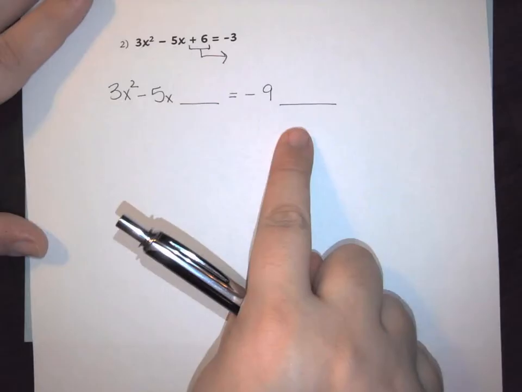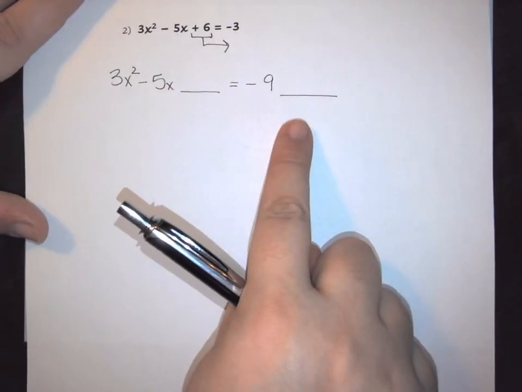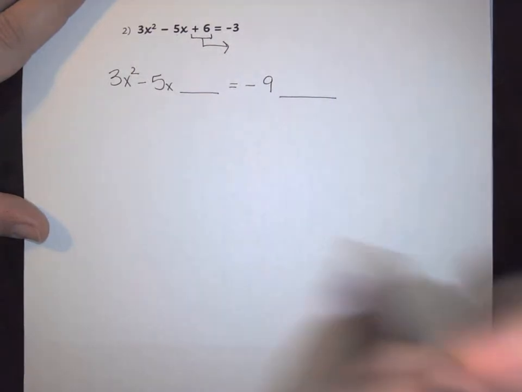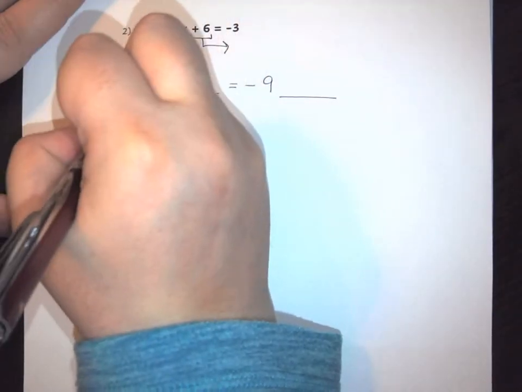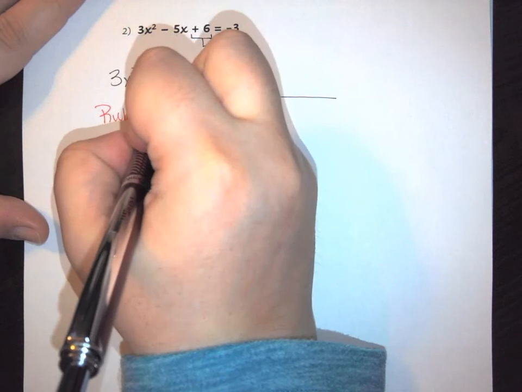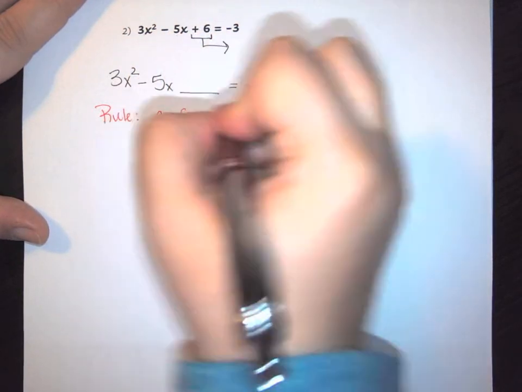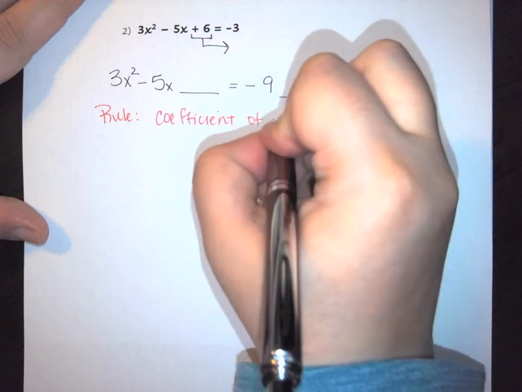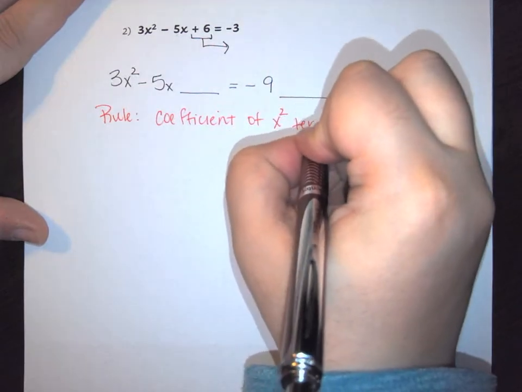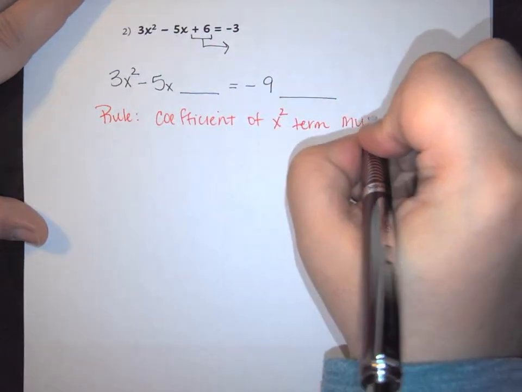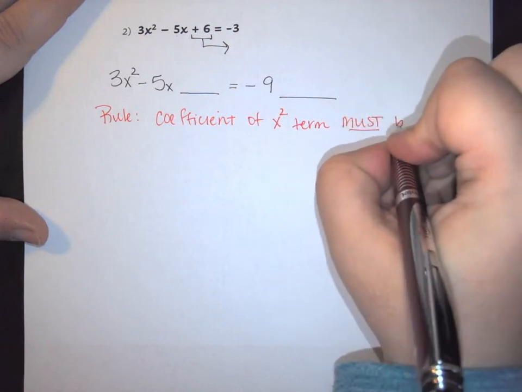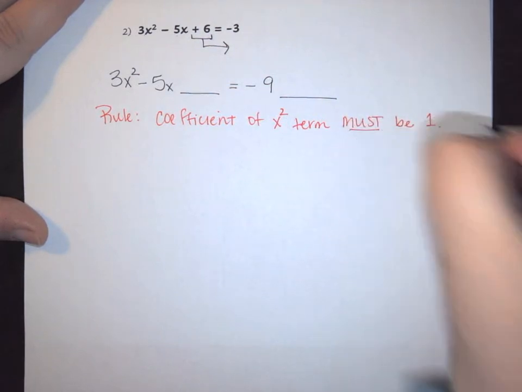Now, once you do this, there is one very important rule, and that rule says that the coefficient of the x squared term must be 1.